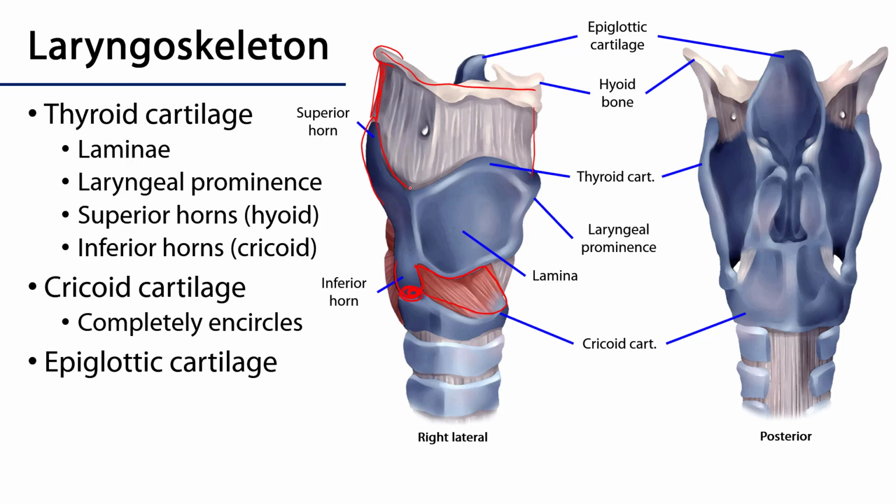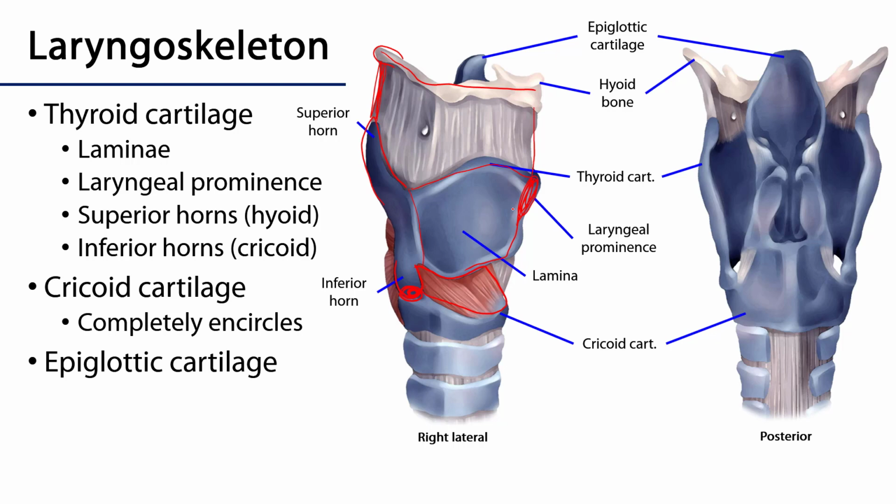Each side of the thyroid cartilage is a lamina. So we have two laminae. Those are shields. And then where these laminae meet along the midline, there's a thickening of that cartilage called the laryngeal prominence.